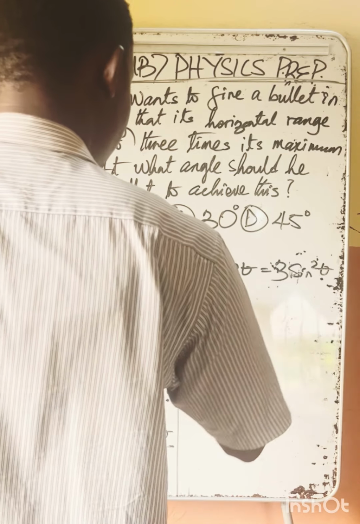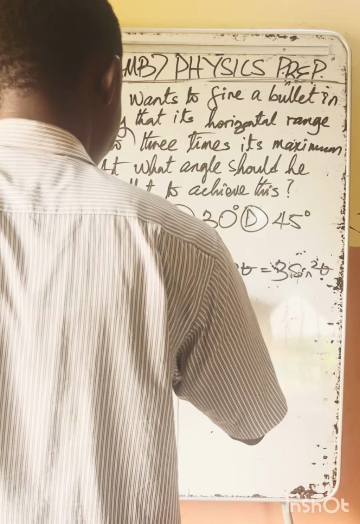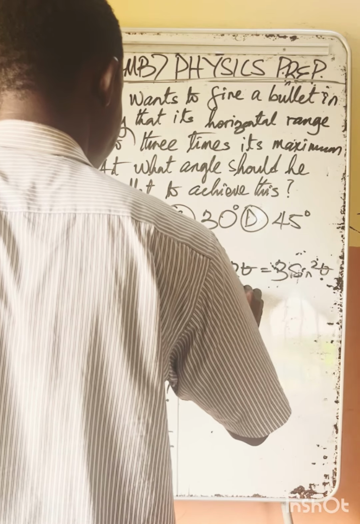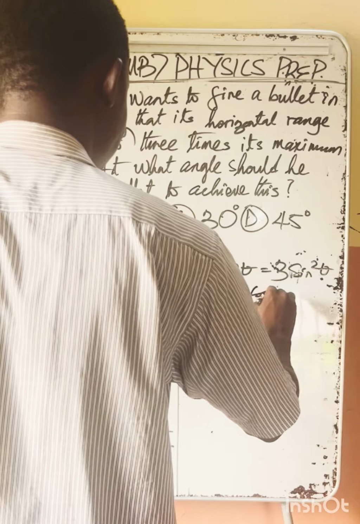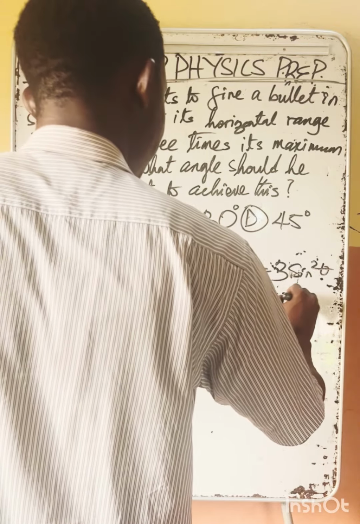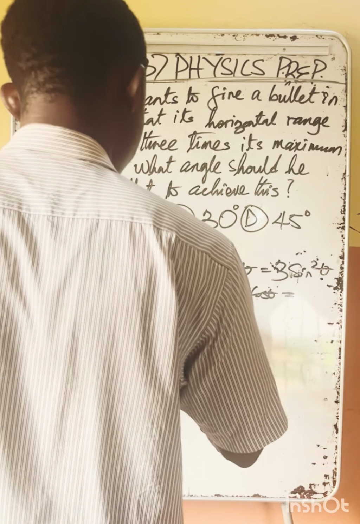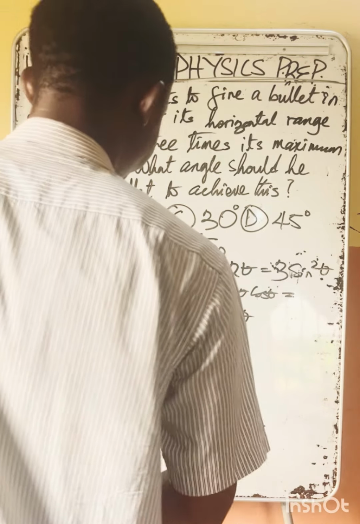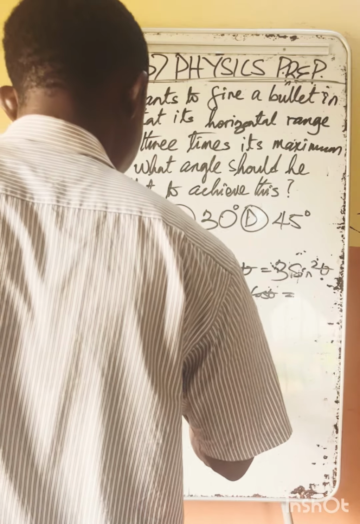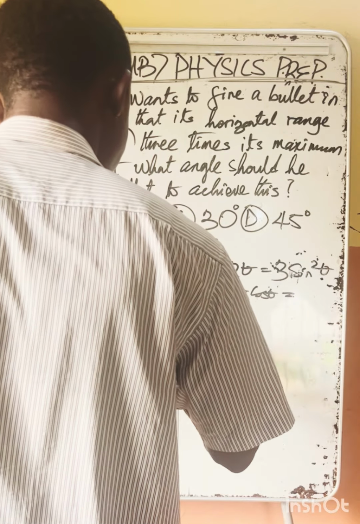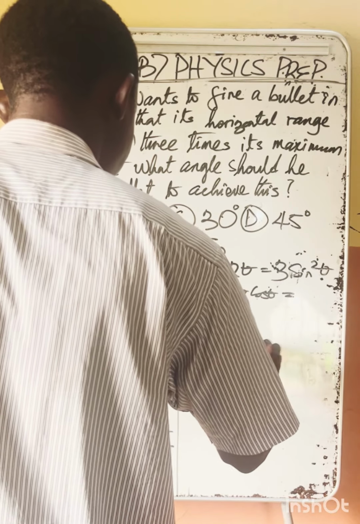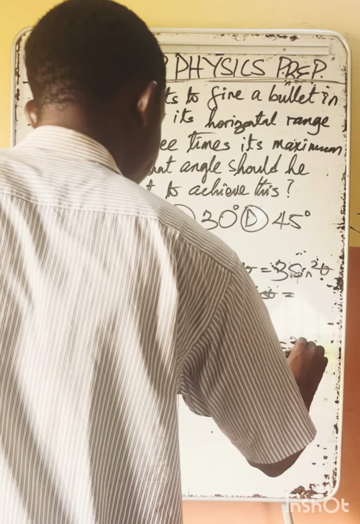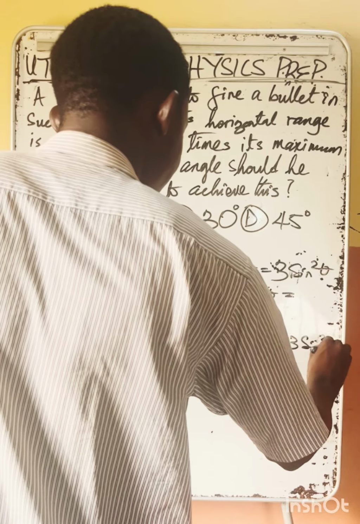So it will be 2 times 2 sine theta cos theta equals 3 sine square theta. If I simplify this, it is 4 sine theta cos theta equals 3 sine square theta.